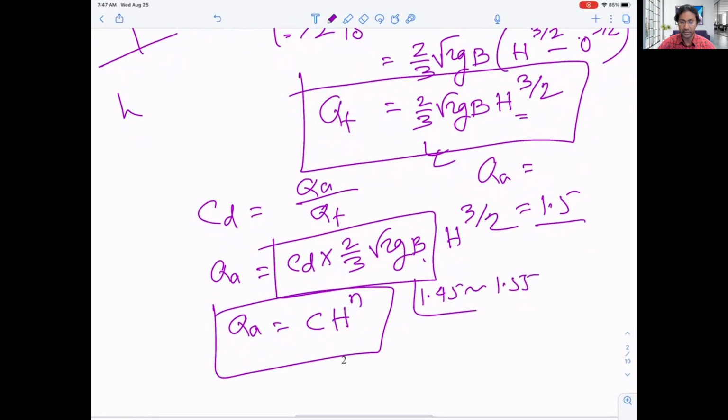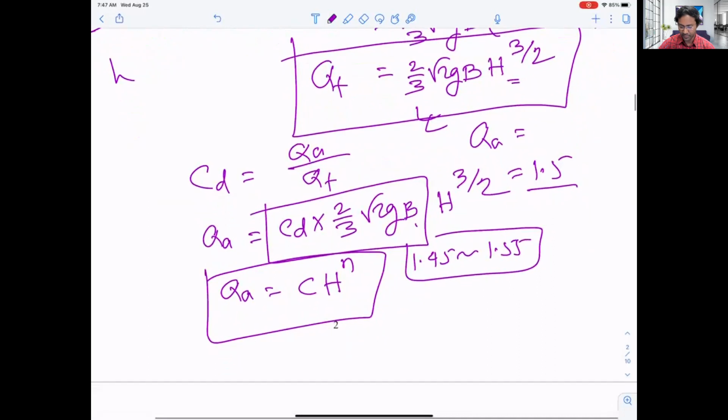That is the acceptable limit. If it is close to 1.5, then it's good. But if it is perfectly 1.5, that means your experiment is wrong, because you can't match the theoretical relationship exactly. So it has to be other than 1.5, but it must be close to 1.5. We'll calculate that one as before. That is called calibration. We'll calibrate this.